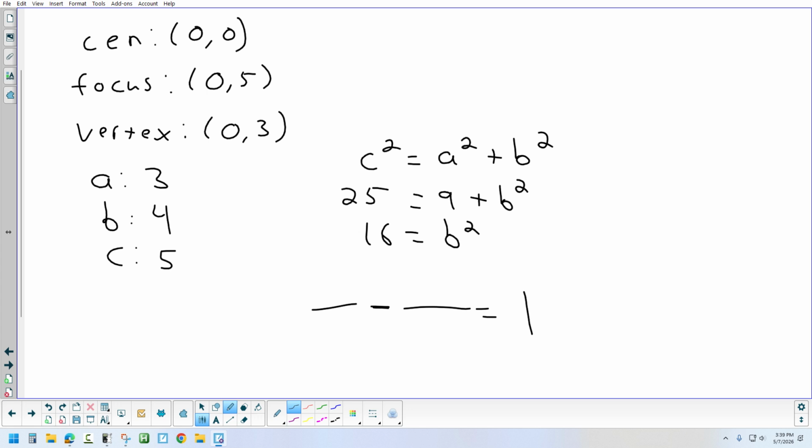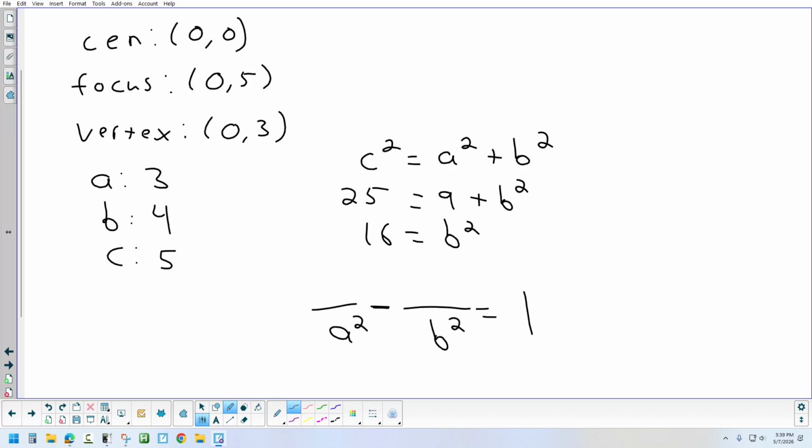A and B. And if you had to take a guess, which one do you think would come first? A. Right? So with a hyperbola, it's like alphabetical order. A squared first, and then what would your other denominator be? B squared. All right.